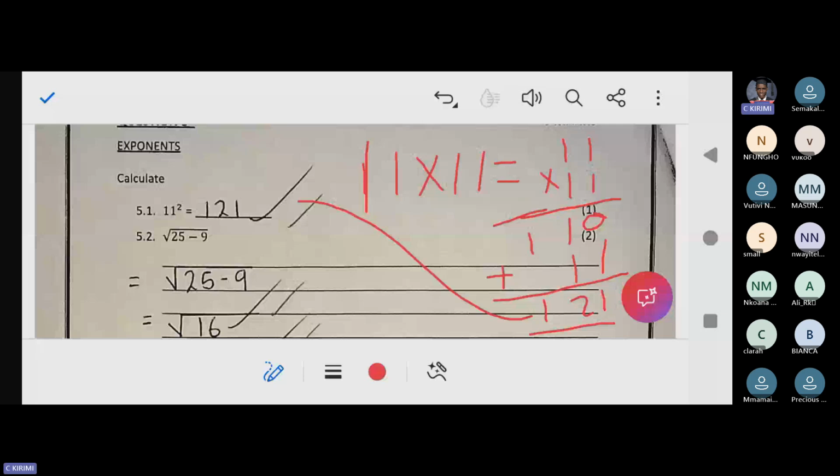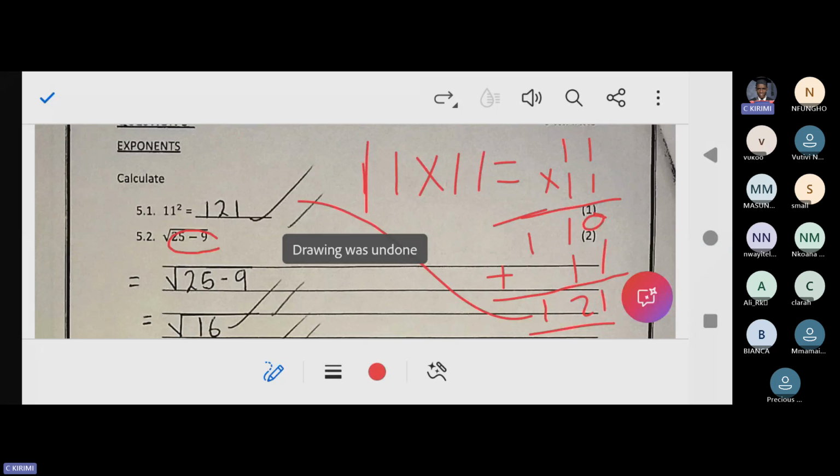Then for number 5.2, square root of 25 minus 9. You don't say the answer is square root of 25 minus square root of 9. This is wrong. So square root of 25 minus 9 under the square root sign: you first simplify what is under the square root first.